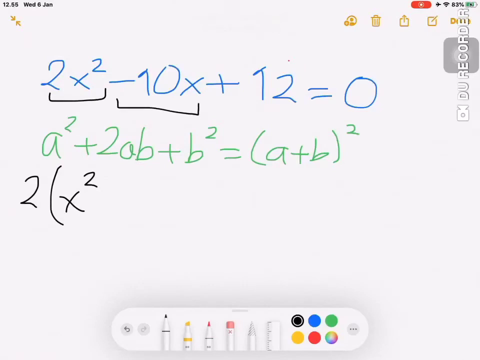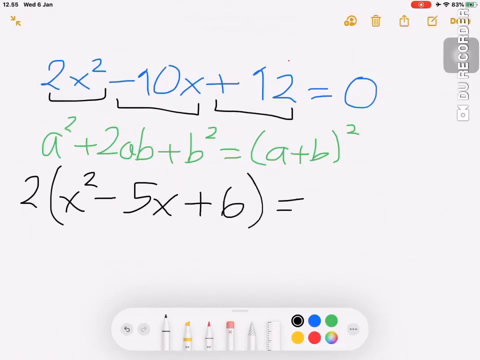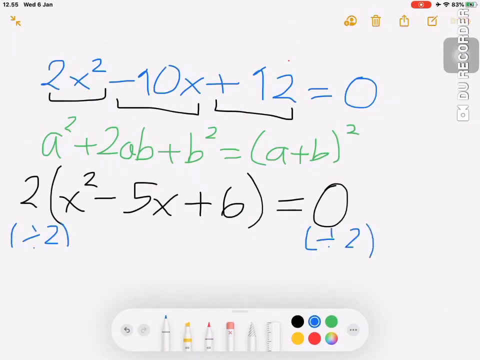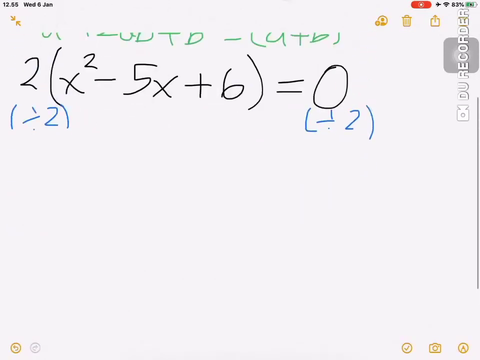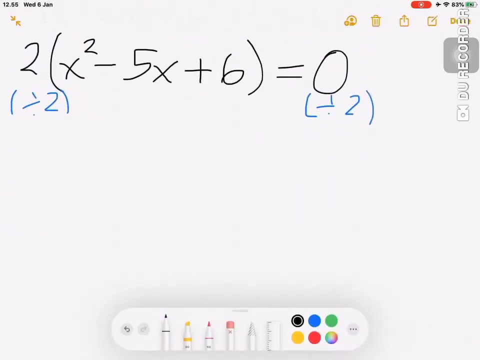So what we'll do, I'll erase these equal signs and that stuff. Okay, so what we'll do instead is, let's try to factor a 2 out of this. So we'll get 2, and what's left after factoring a 2 out of this term, we get x squared. What's left after factoring a 2 out of this, we got negative 5x, and what's left here is plus 6 equals 0.